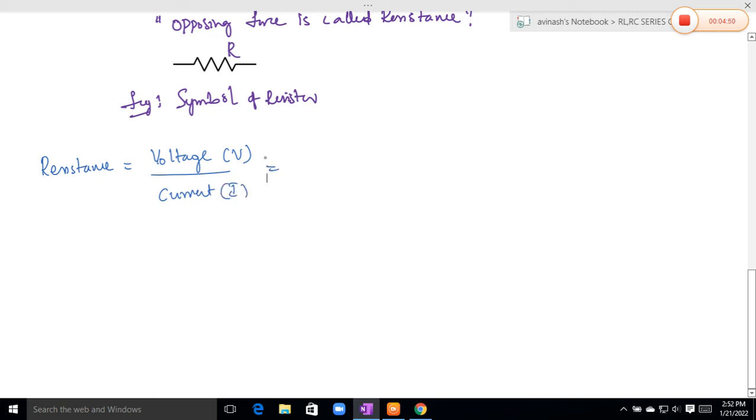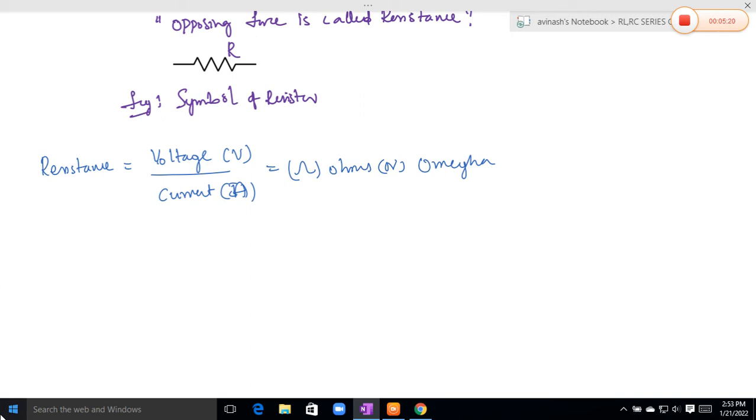The units will be volt per ampere, since the unit of current is amperes. Volt per ampere is nothing but the resistance unit, ohms. It is also called omega. 1 ohm is equal to 1 volt per 1 ampere.